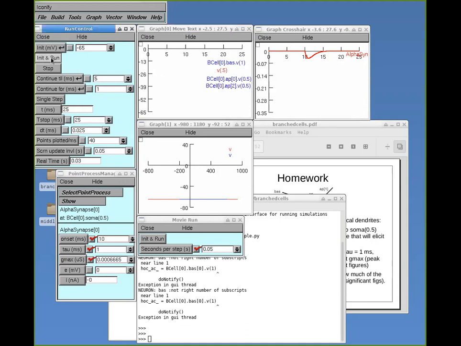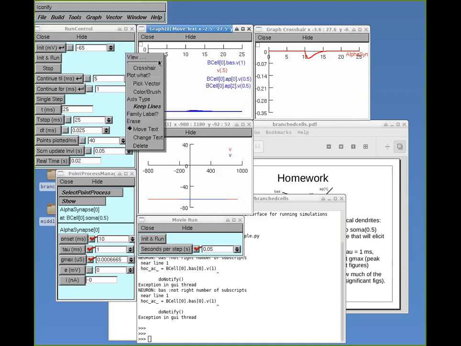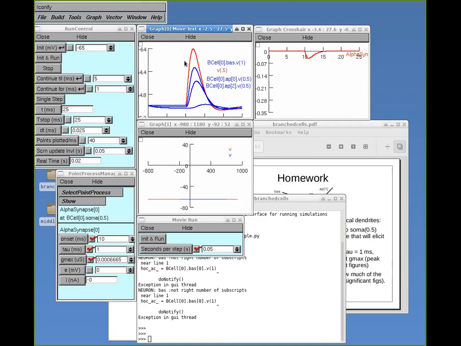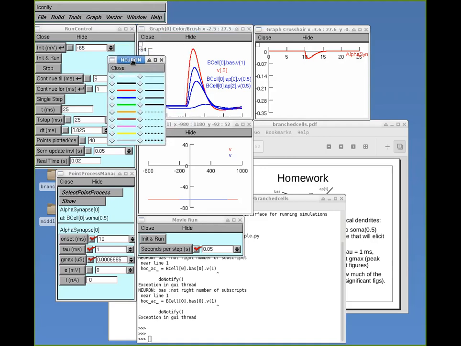And now let me do an init and run, and I'll do a view equals plot. And there they are, but they're all the same color. I can change that to make things more interesting.